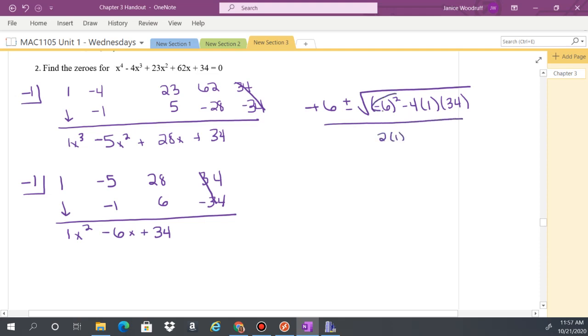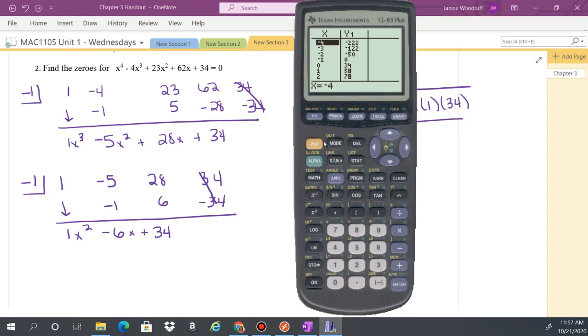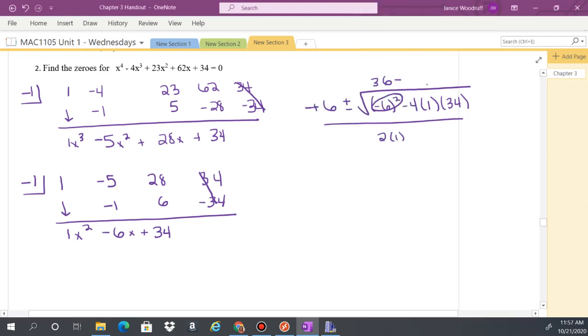So negative 6 squared is going to be 36 minus, 4 times 1 times 34 is going to be 136. 36 minus 136, negative 100. So 6 plus or minus root negative 100 over 2.